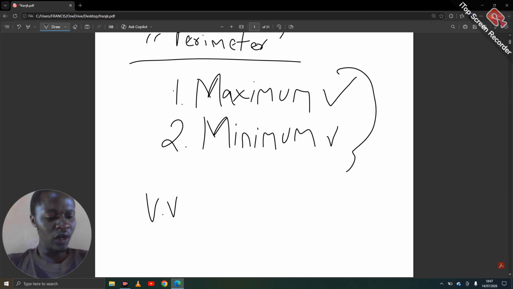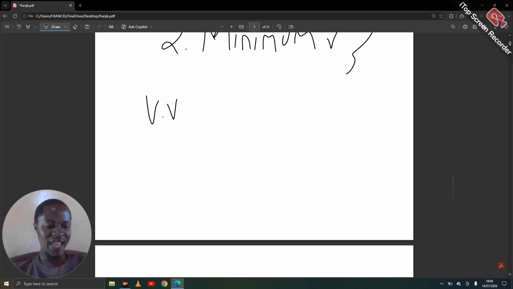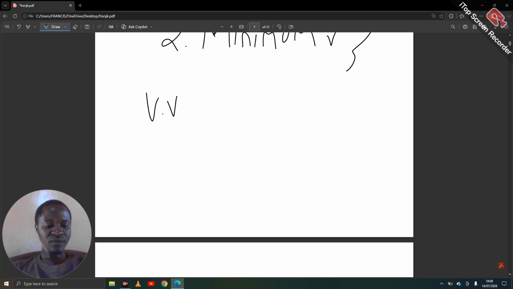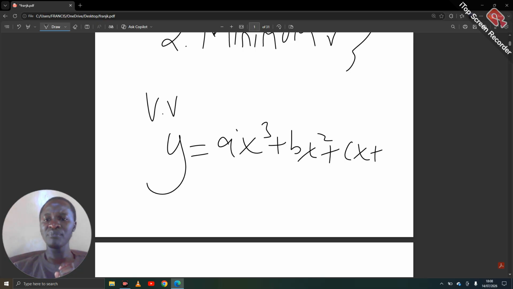Okay, the following questions are highly tested when it comes to the subtopic number 5, maxima and minima. Before the question, please, you must know that these types of questions have no function like y is equal to ax cube plus bx squared plus cx plus maybe a.